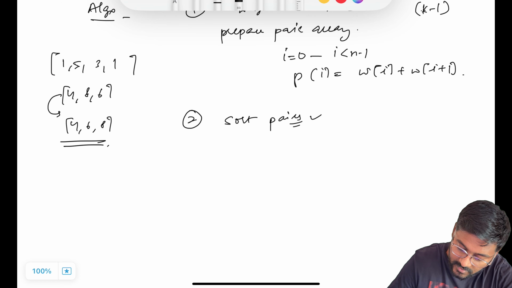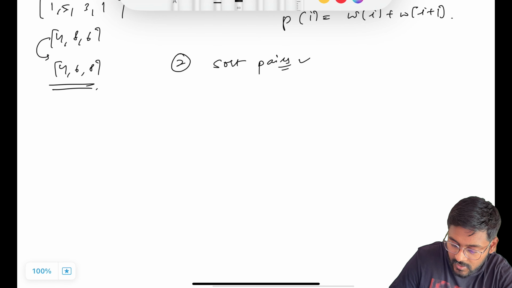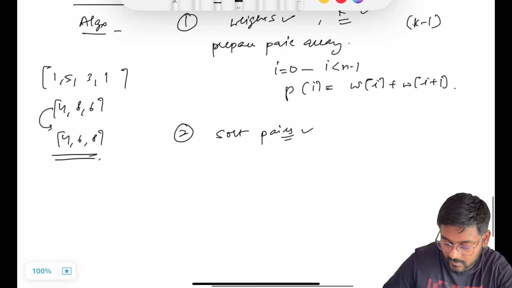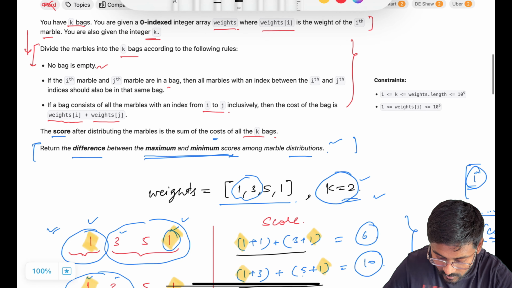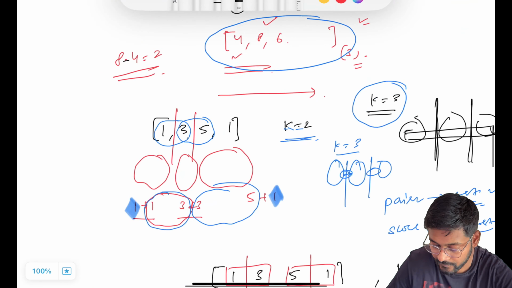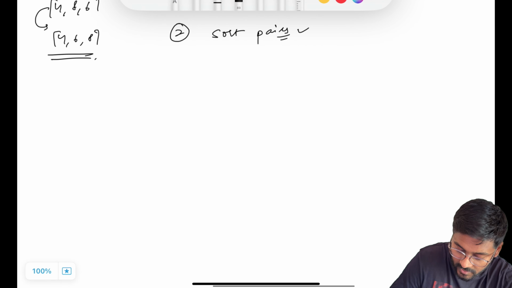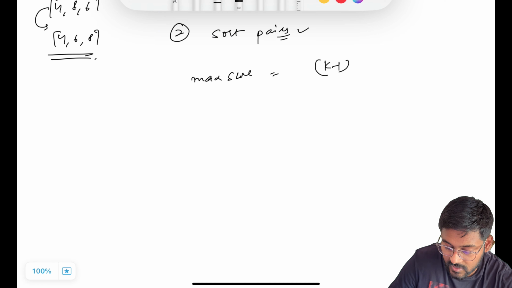Now among these pairs I need to find the maximum difference. I need to capture the difference between the maximum score and the minimum score. To capture the maximum score, I need the k minus 1 top pairs.